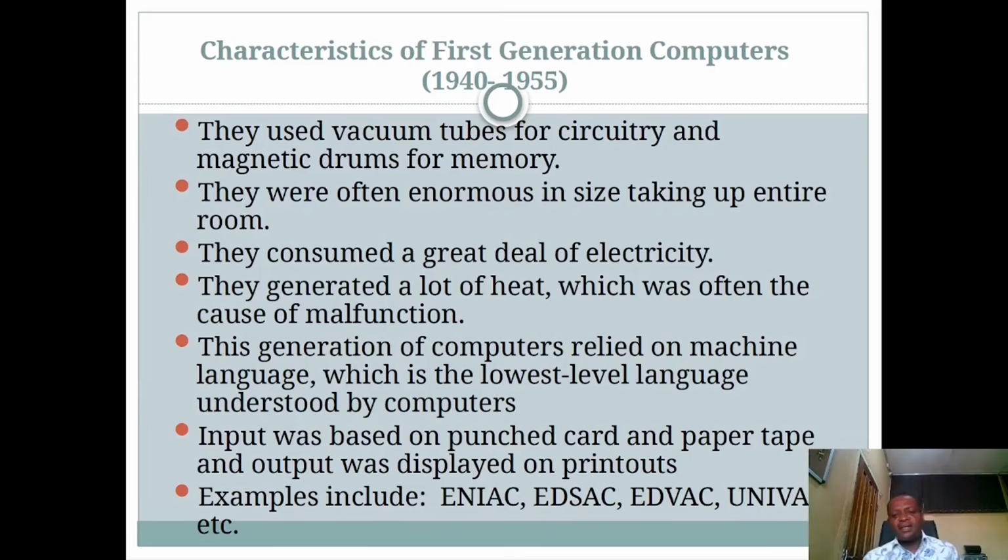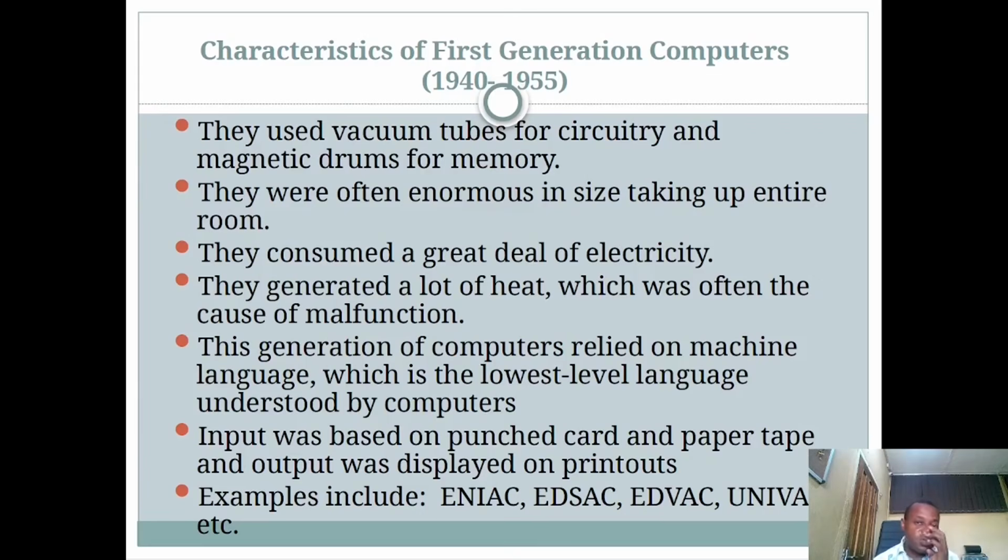So these are a few examples of first generation computers that you need to understand. We have now gone through the characteristics of first generation computers. Remember, these computers started coming out in 1940 and went up to 1955. So that is that on first generation computers.